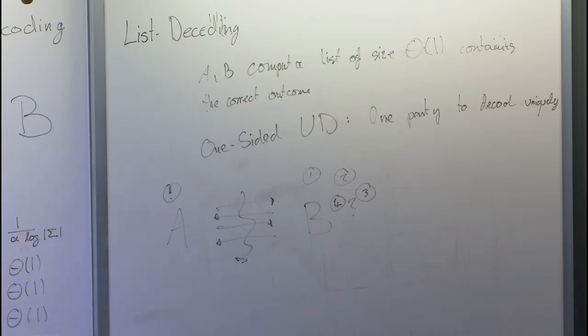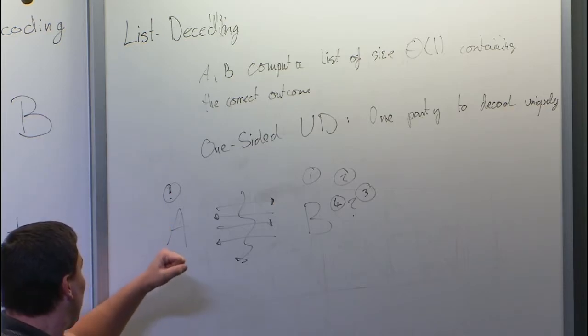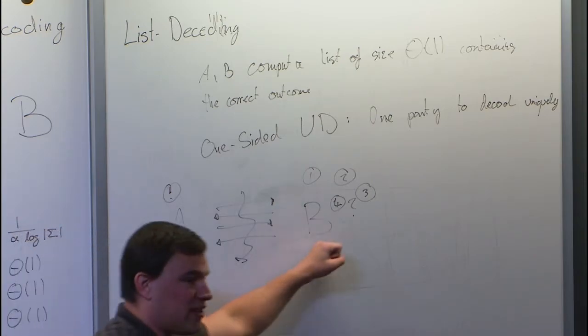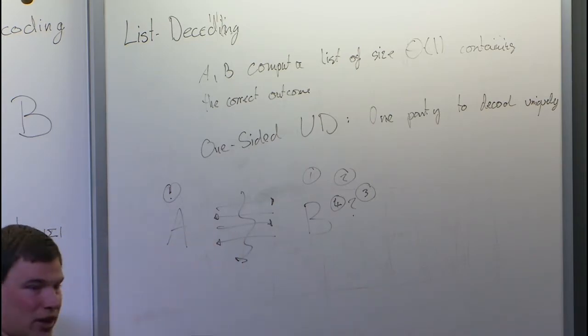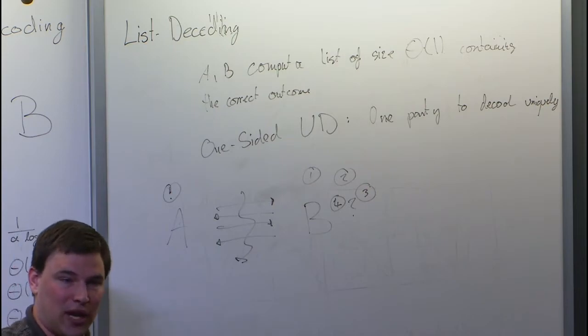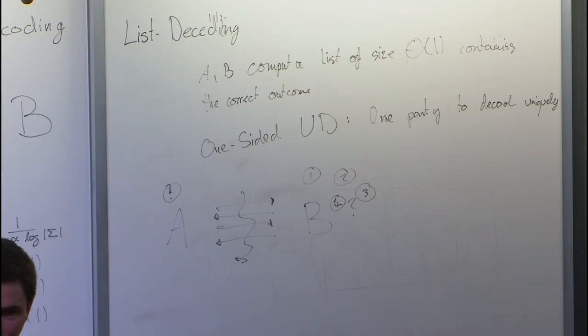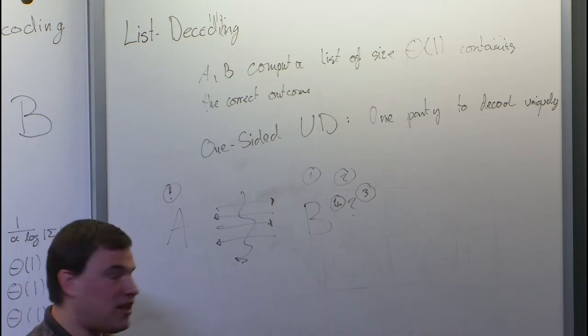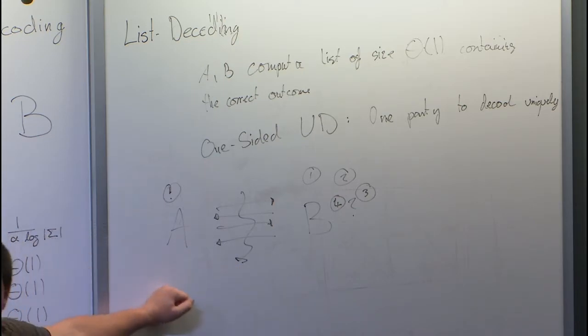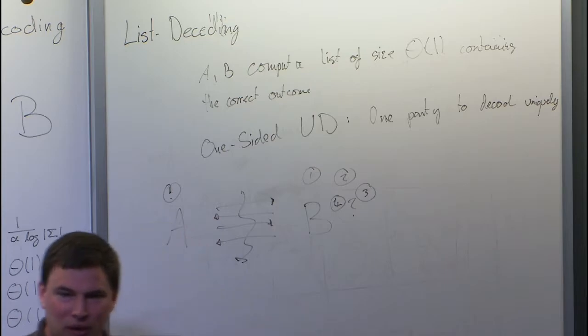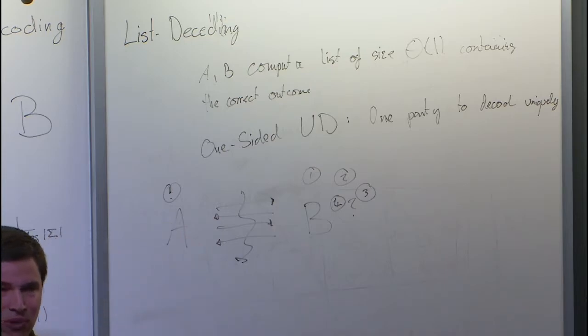Think of, for example, A as a program, B as a database. A is going to make adaptive queries to the database, and the query is going to come back with some noise. In the end, what we really want to guarantee is that the program ran correctly. The program should figure out what the original thing was without noise. Does the database need to know what question we originally asked? No, not really. We don't care.